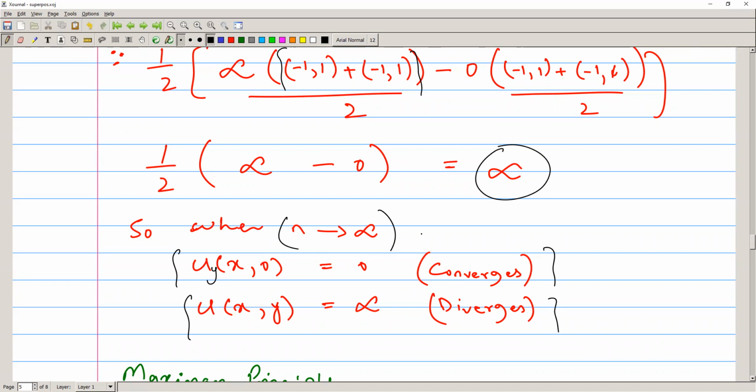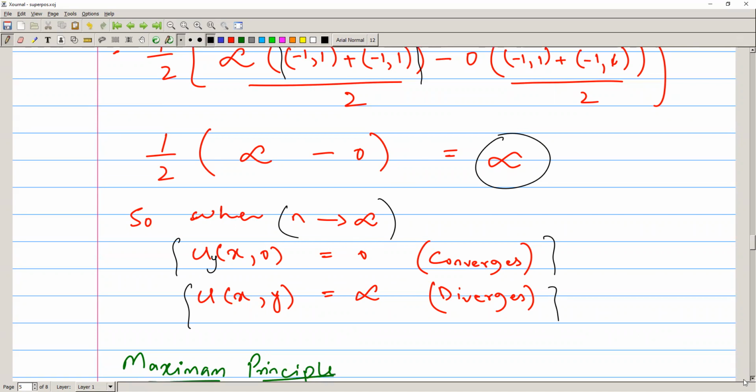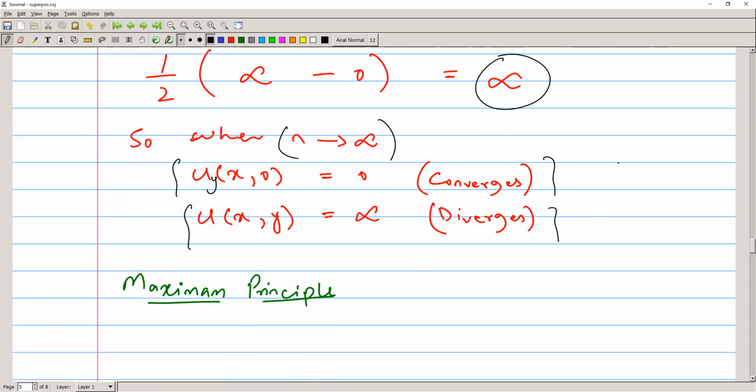So now you can see that it's a big deflection, right? It's going to 0 and it's going to infinity, so it's a large variation. So we'll say that this problem is not well posed, or we can say that this problem is ill posed.